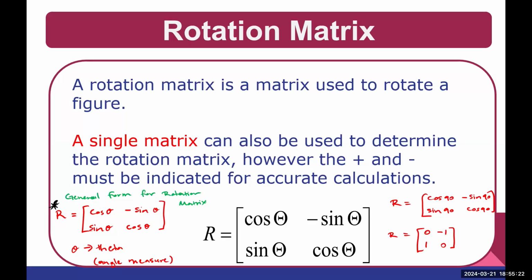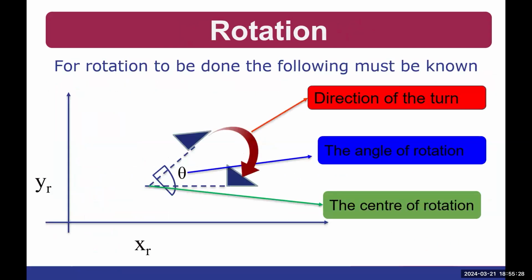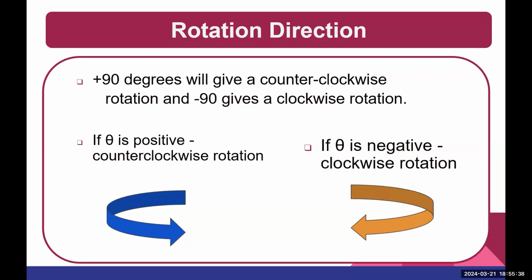All right, so there are three things that must be known whenever we're performing a rotation. We must know the direction of turn, the angle of rotation, and the center of rotation. Now, positive 90 degrees will give a counterclockwise rotation, while negative 90 will give a clockwise rotation.